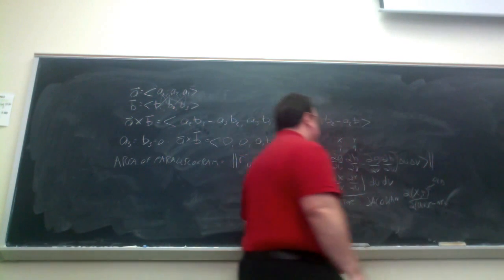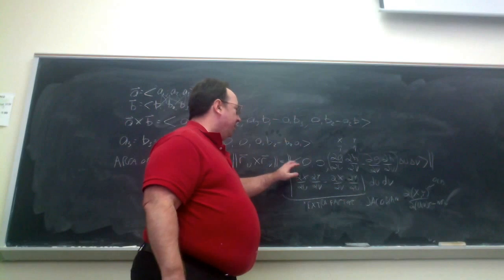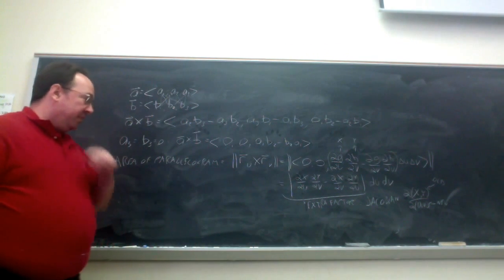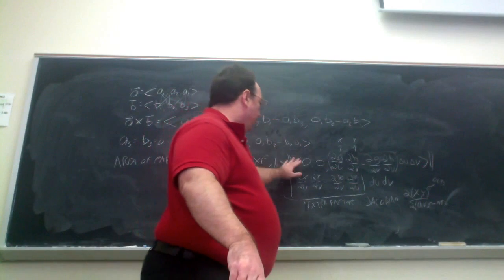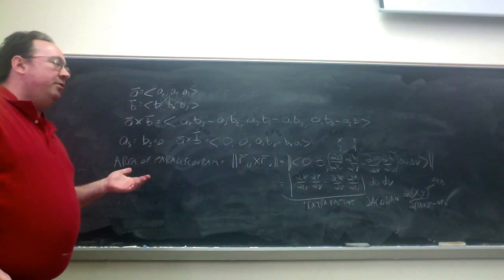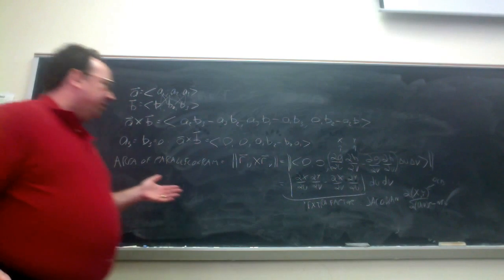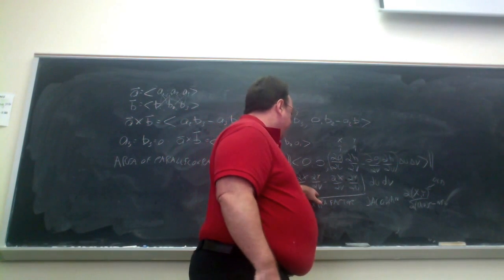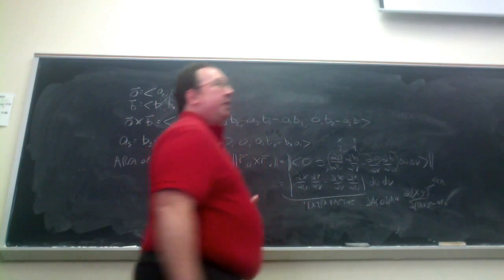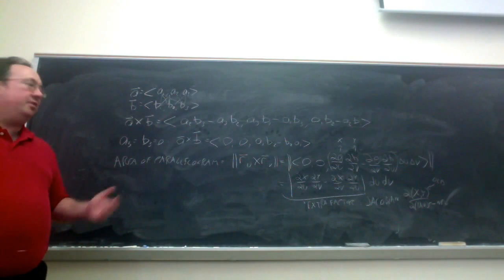You are differentiating your old variables with respect to your new. So in general, that's how you figure out the extra factor that goes into your integrals. And the absolute value is necessary because it has to be positive.